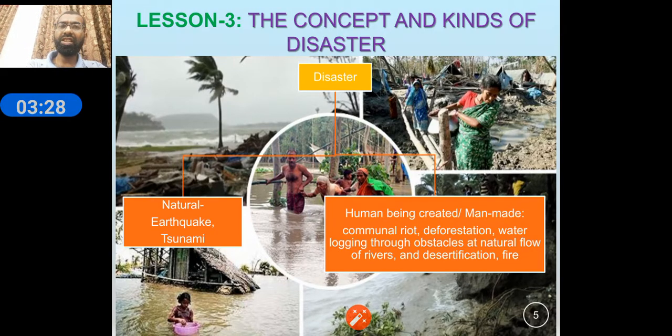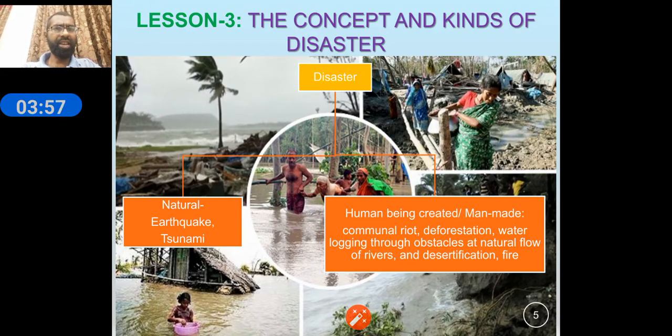One is natural, that everyone knows very easily: earthquake, tsunami, flood, that we can see in the pictures here in the background. These are all pictures of natural disaster in Bangladesh. The other type is human-created or man-made disaster.